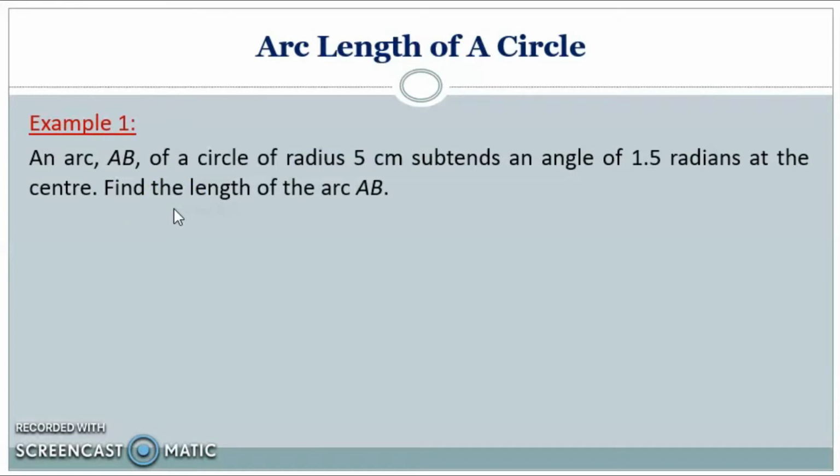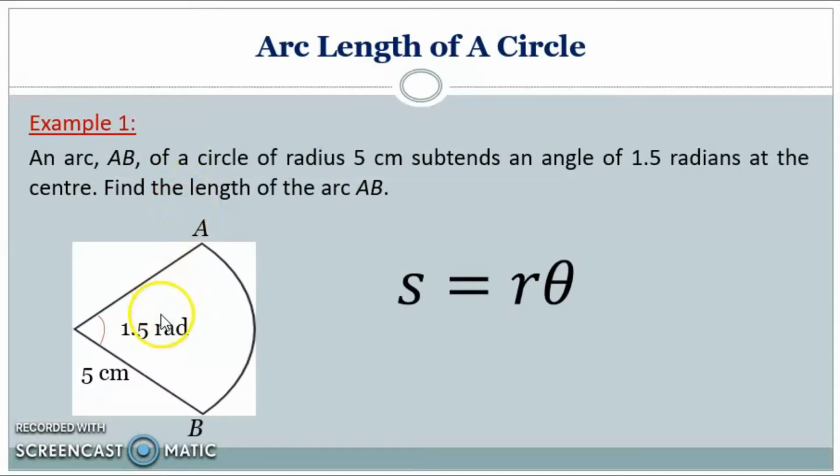Okay, let us try example 1. An arc AB of a circle of radius 5 cm subtends an angle of 1.5 radians at the center. Find the length of arc AB. First, let's draw out the diagram to visualize this question. As seen on the diagram, the angle is 1.5 radian and the radius is 5 centimeter.